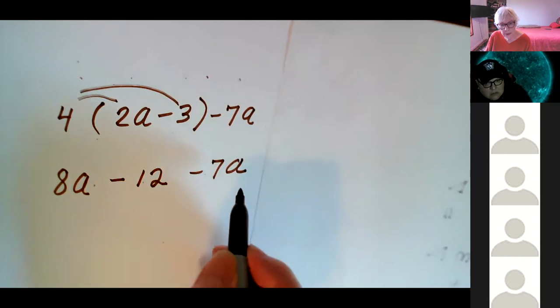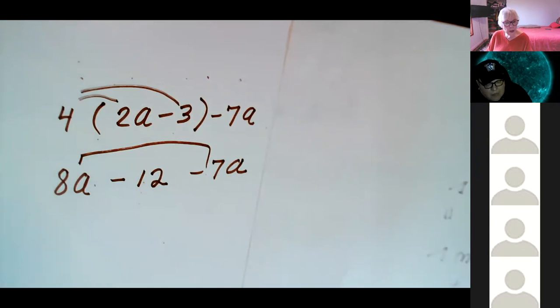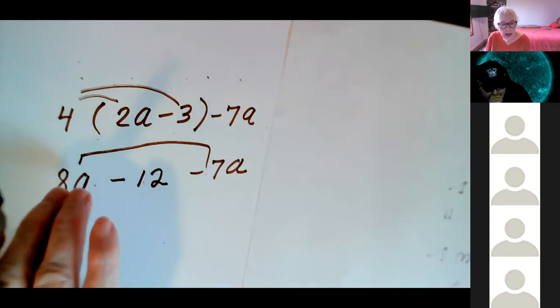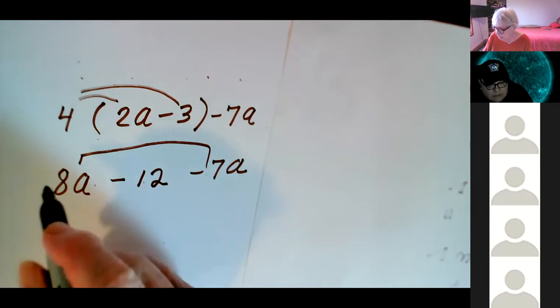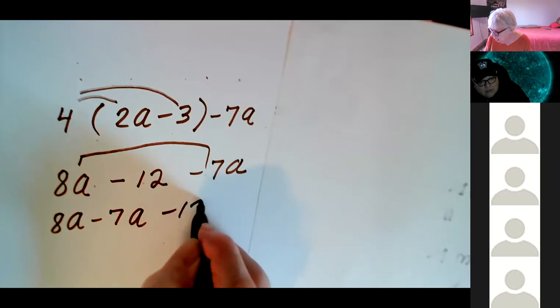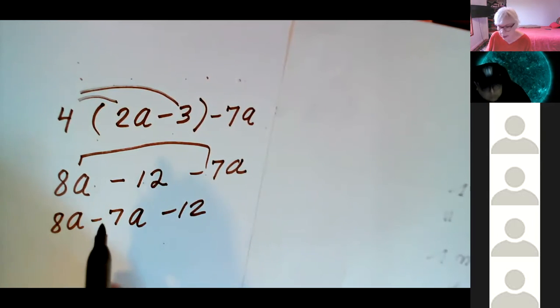1, 2, 3 terms. The first one and the last one are like terms. If you can do it in your head, you can just say 8a take away 7a is 1a or a. If not, you rewrite it. And notice how the sign goes with each term. So 8 take away 7 is 1a.